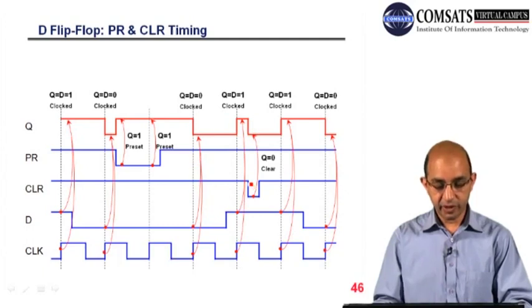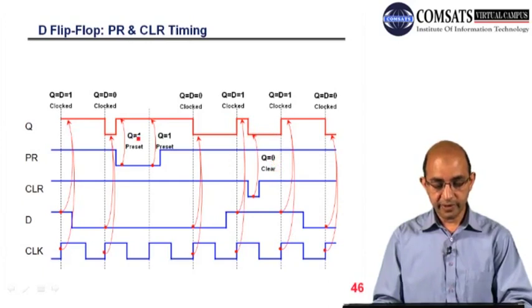Here you can see another change. When clear is low, we have to clear the flip-flop, so Q goes from 1 to 0.